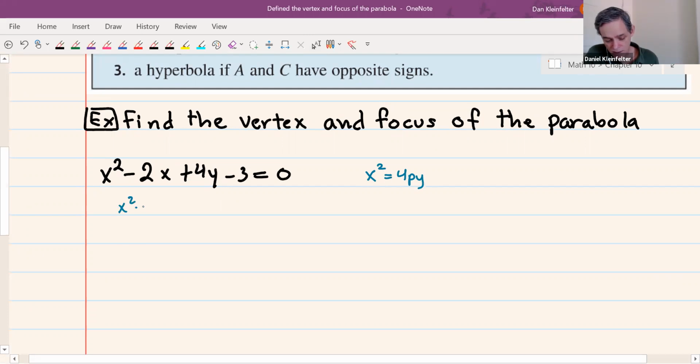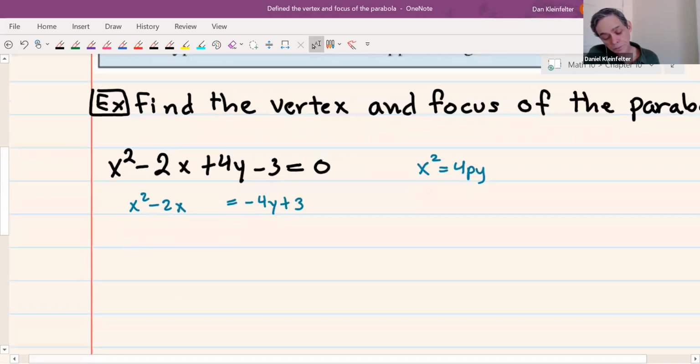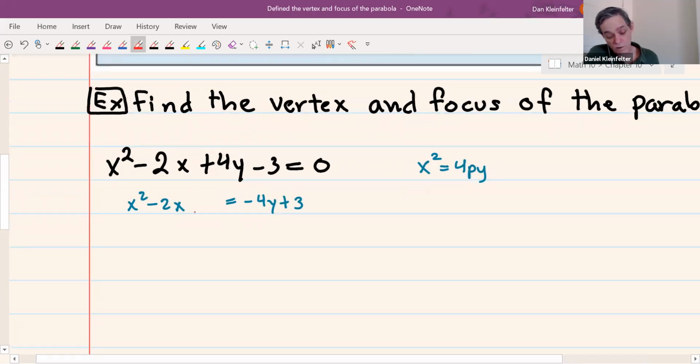I'll take x squared minus 2x and leave that on the left side, and everything else will be on the other side. So we'll have negative 4y plus 3. I've just moved everything over to the other side. Now to complete the square on x, half of negative 2 is negative 1, and 1 squared is 1. We'll add that to both sides.